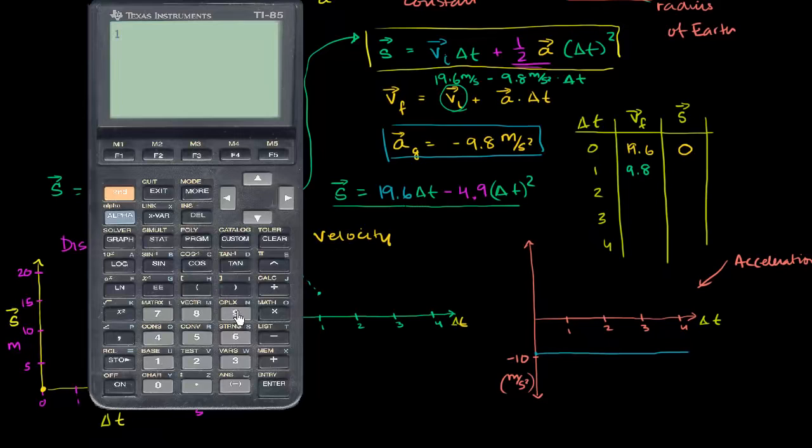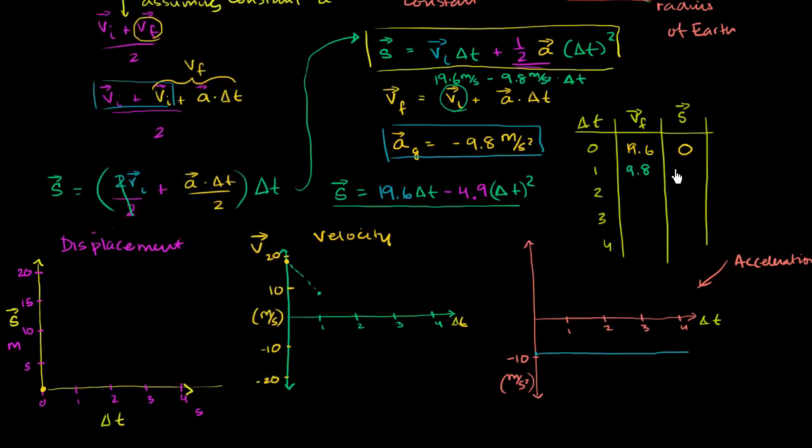Well, that's just 19.6. Minus 4.9 times 1 squared. So that's just minus 4.9. Minus 4.9 gives us 14.7 meters. So after 1 second, the ball has traveled 14.7 meters in the air. So that's roughly over there.